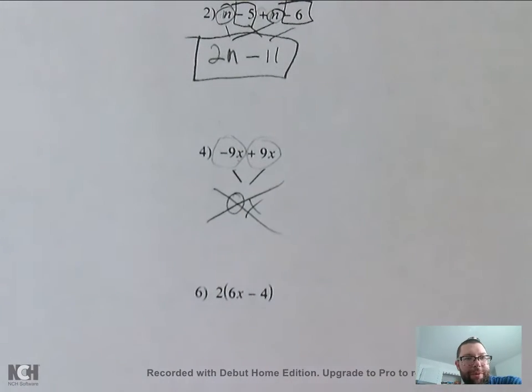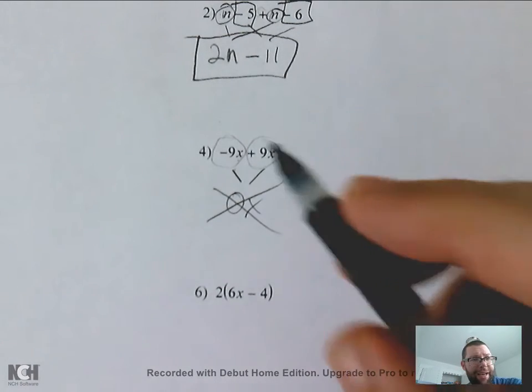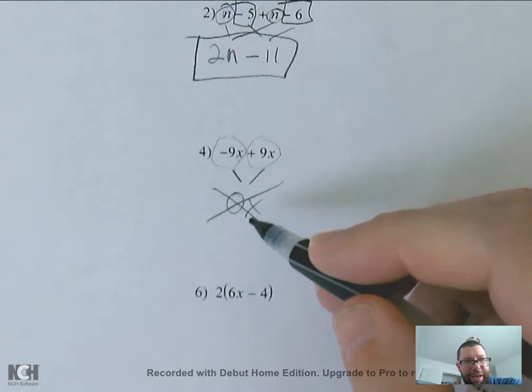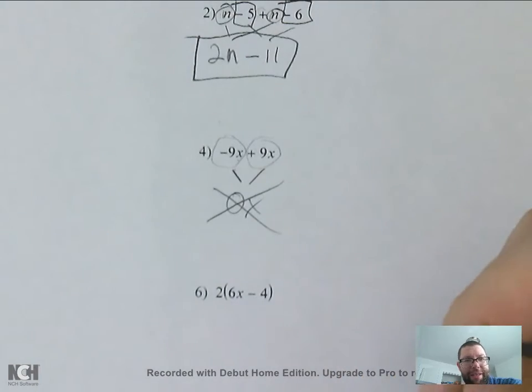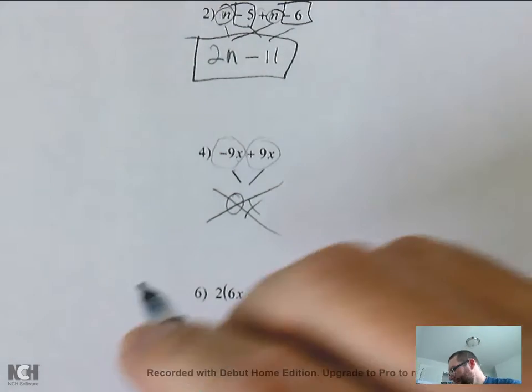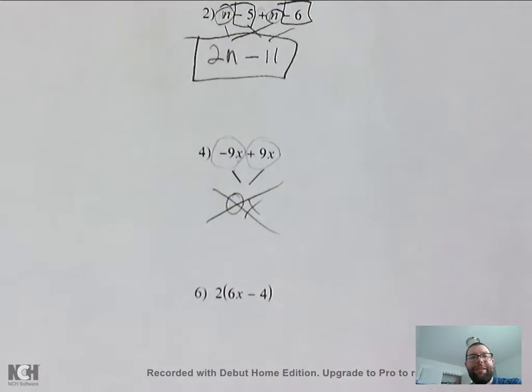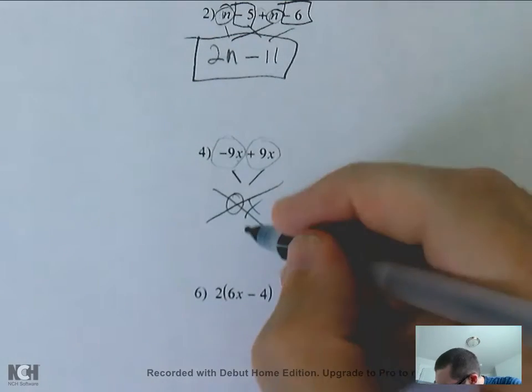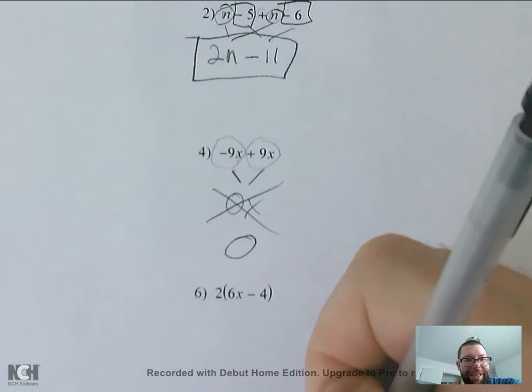Wrong. Right? Why is that wrong? Well, because it's not simplified as much as it can get. Technically, that's true. Those 9's cancel each other out, and you're left with 0 times x. But we can go further than that, because we know that 0 times any number is going to be just 0.